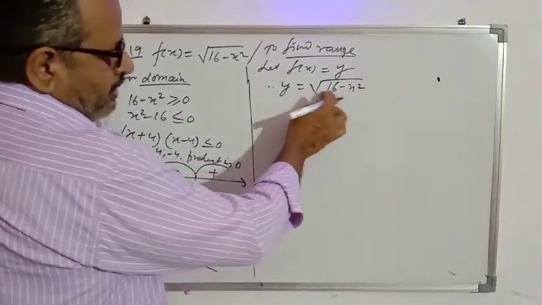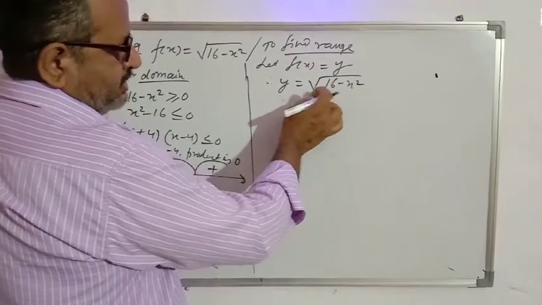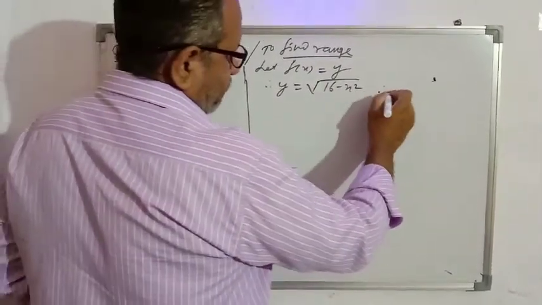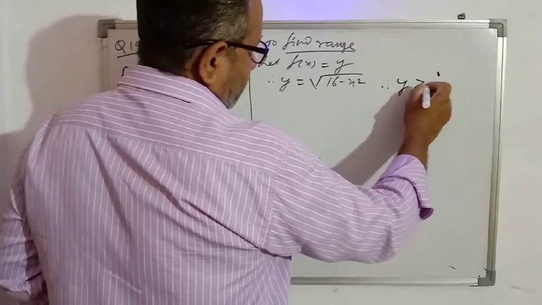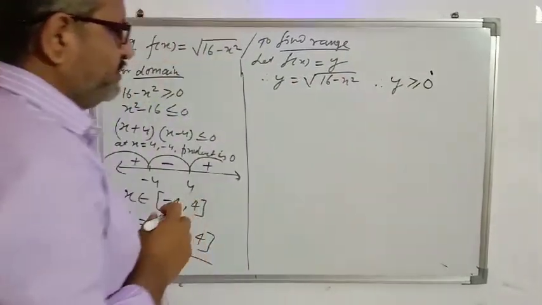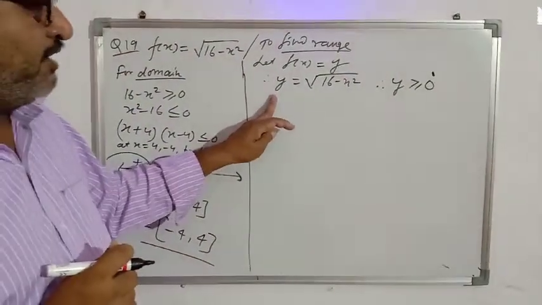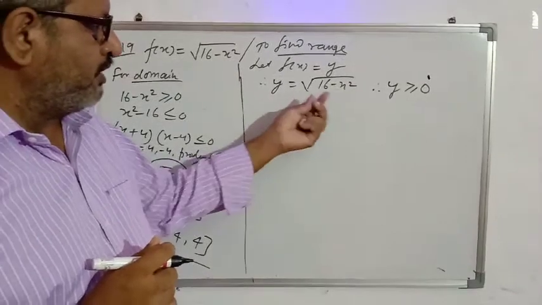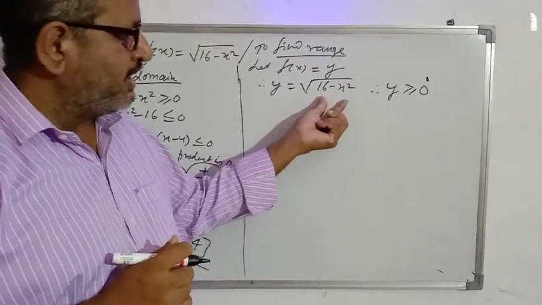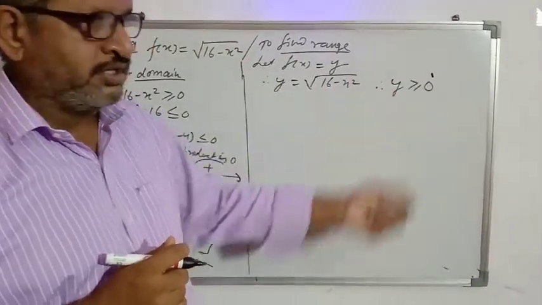The square root of any real number is non-negative. So therefore y will be greater than or equal to 0. y cannot be negative, because the square root of a real number is always positive or 0, but not negative.